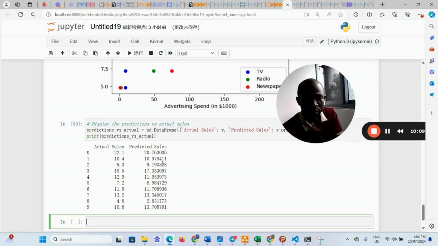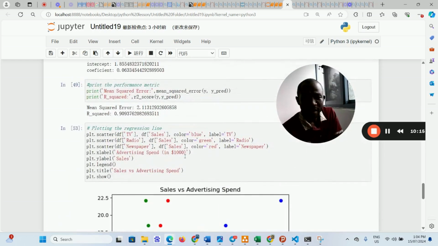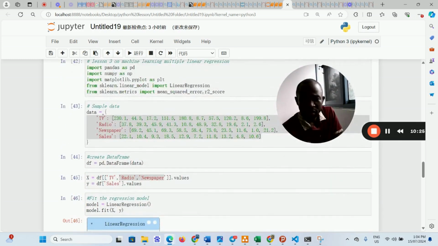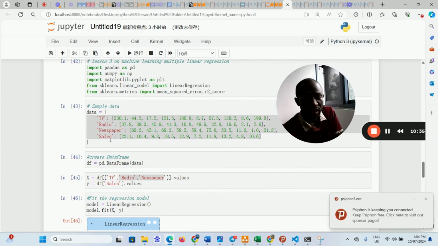Okay, obviously it means that we need to combine the TV advertisement for the sale. That is, we combine this advertisement using the TV, using the radio, using the newspaper in order for us to have this sale.